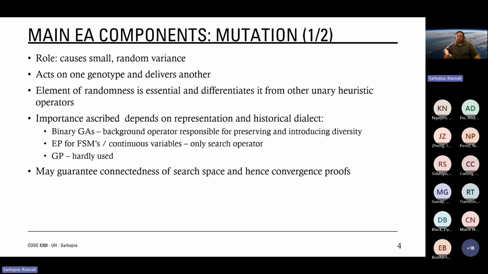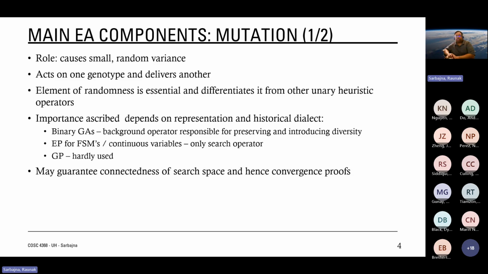So you have to make sure that your element of change, whatever you change the solution with, is completely random. And there are various different representations available. For binary genetic algorithms, where your solutions were not ATGC or genes, they were binary strings, so there'd be zeros and ones.